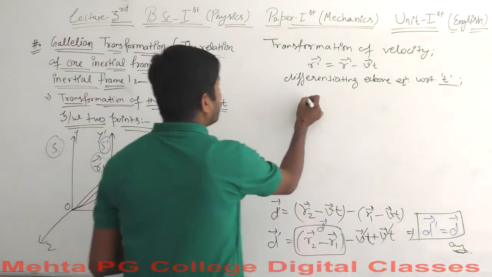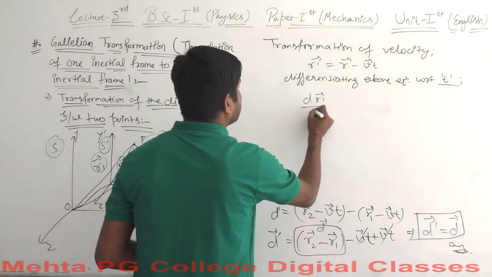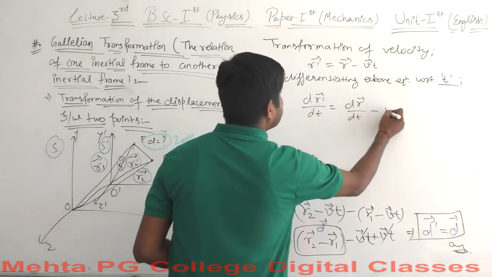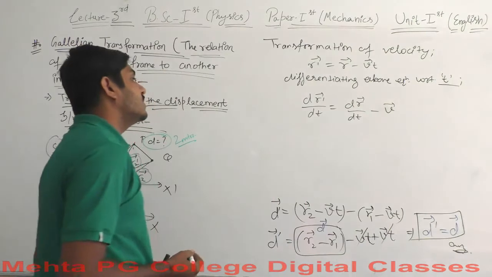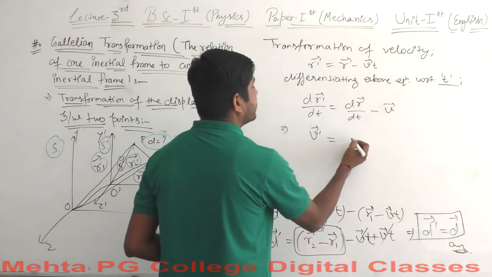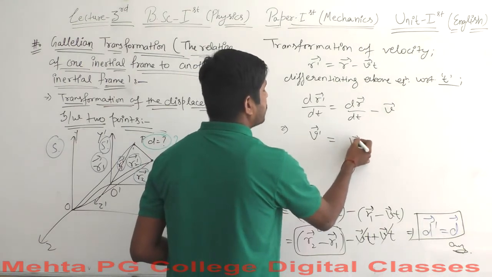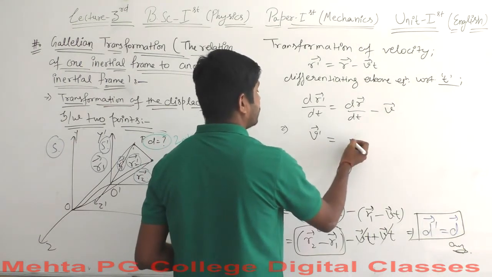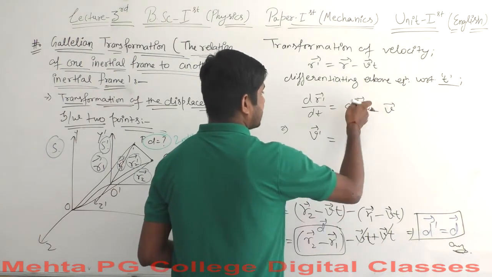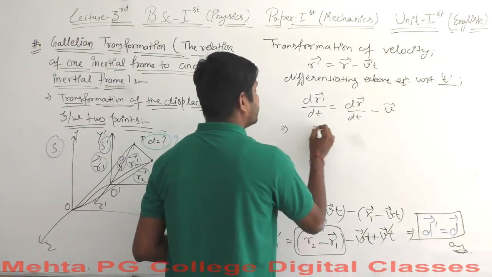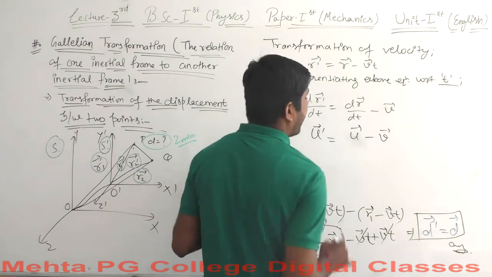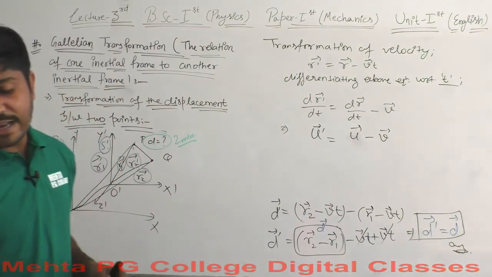Differentiating, we have dr dash vector over dt equal to dr vector over dt minus this v vector, and we end up with v dash vector equal to small v vector minus v vector. Let's say if we take this as u, then u dash vector is equal to u vector minus v vector. This is the transformation of velocity here.